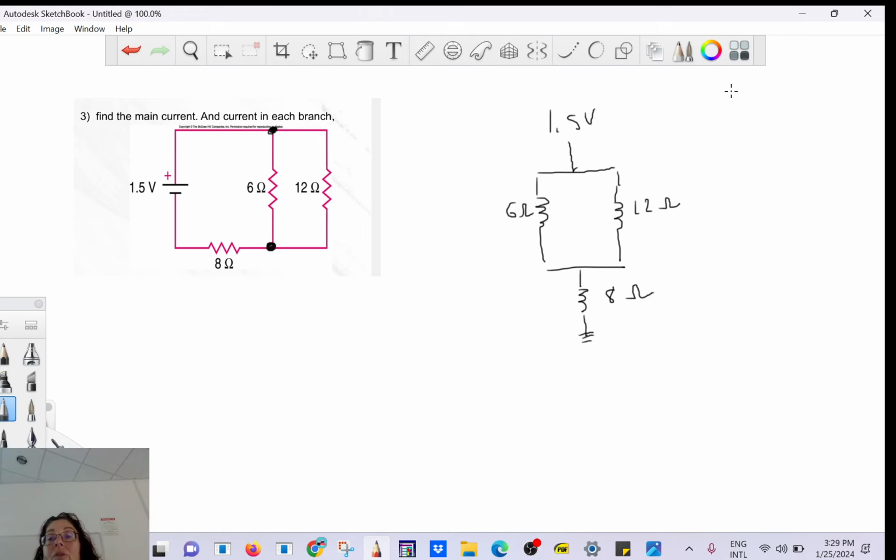So how do you think we're going to solve that? First of all, I want to find the equivalent resistance. So first, I'm going to replace those two by 1, right? So I go step by step. So that's going to be what? Is that 18?